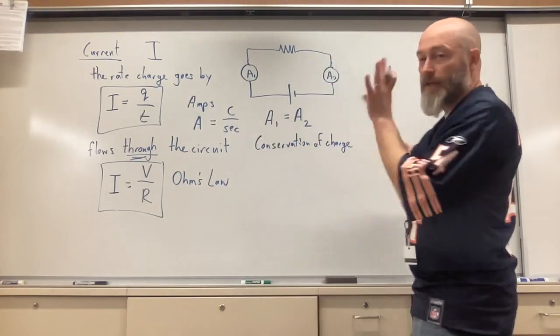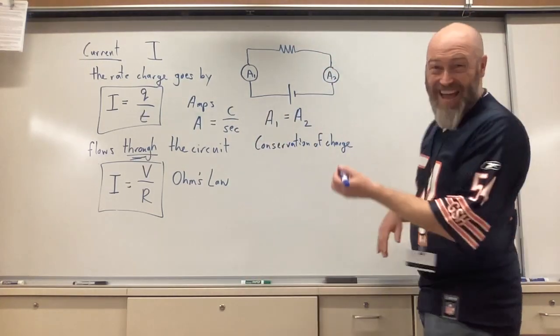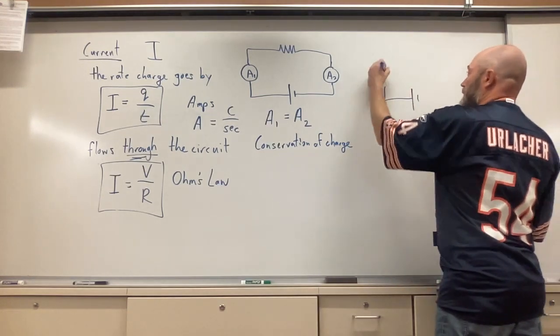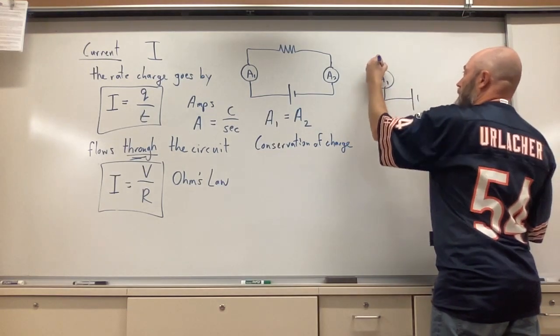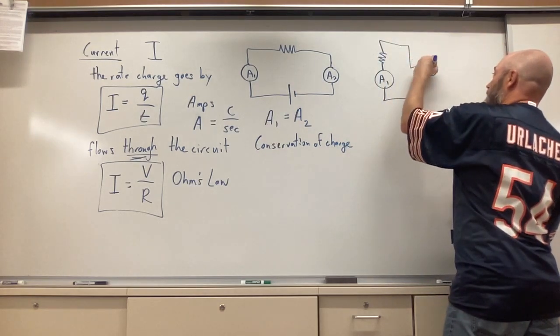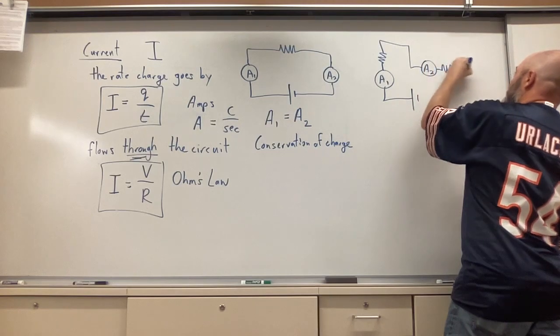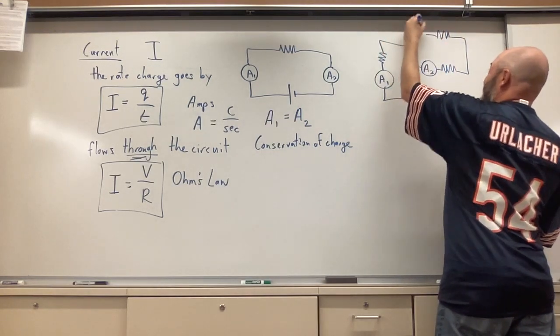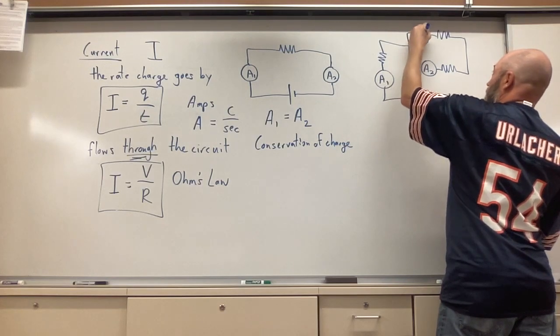All right, that's good. Now let's say I have a slightly more complicated circuit. Here's my battery. Let's say I have a meter here, a resistor here, another meter here, a resistor there, another resistor, and another meter here.